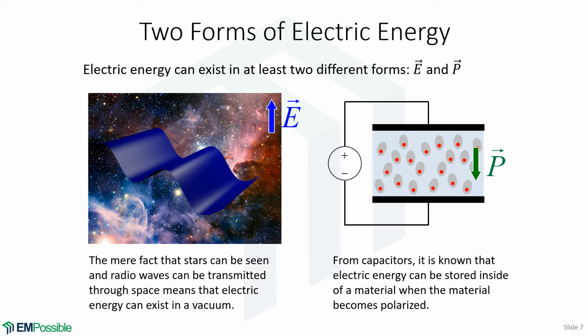That orbital wants to spring back to its equilibrium position, and we can stretch those by applying an electric field. Well, each one of those atoms that has this stretched orbital is storing a little bit of electric energy. And when this is happening, we call this material polarized, and we're writing that with this polarization vector P. So we have two ways to store electric energy, in the field itself and in the form of displaced charge.